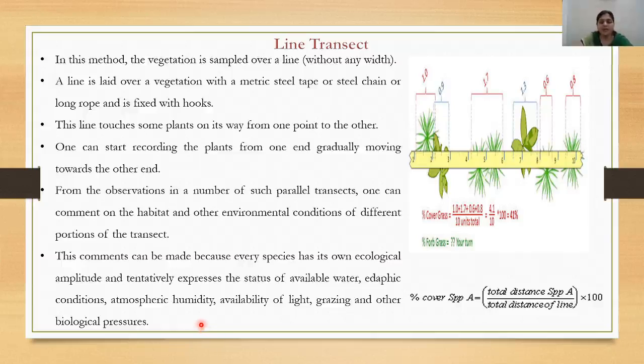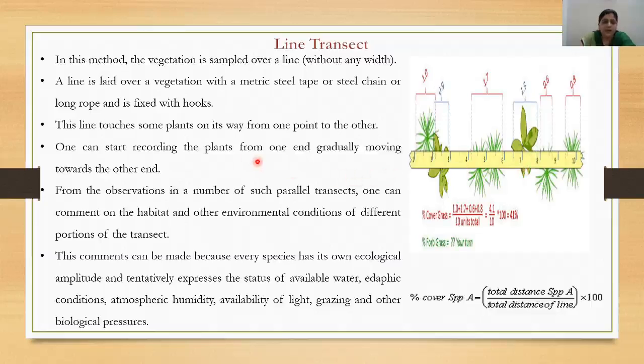Then this line is laid over a vegetation with a metric steel tape or steel chain or a long rope, and it is fixed with the help of hooks. As you can see in the picture, this is the metric steel tape which is laid across a vegetation, and it runs from one point to the other point.